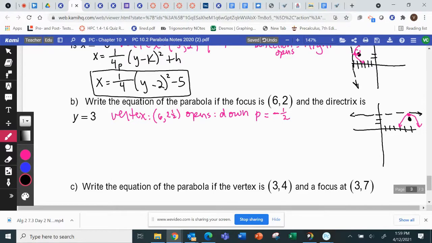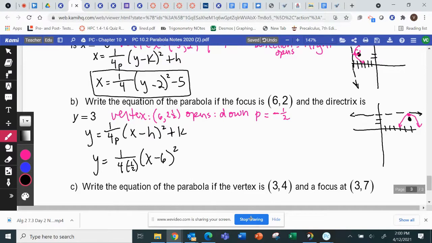This is opening up or down, so it's y equals. The formula is 1 over 4p times x minus h squared plus k. So y equals 1 over 4 times -1/2, times x minus 6 squared, and instead of 2.5, I'm going to do 5/2.